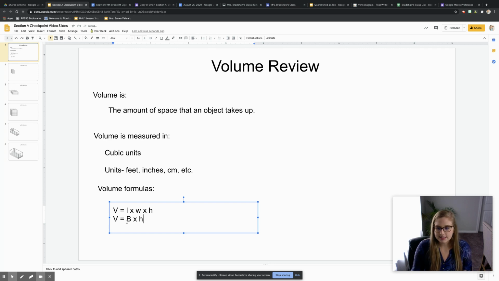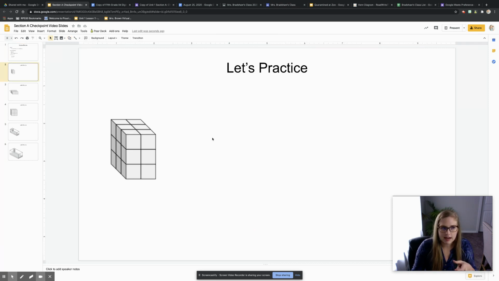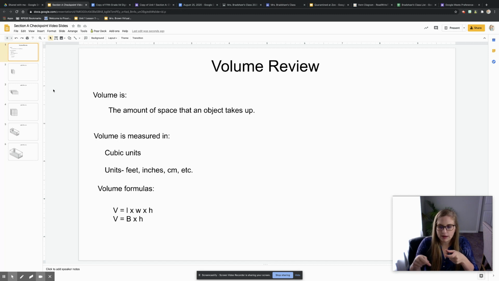And the base is, if I had an empty box, I would be taking those cubes and placing them on the bottom to see how many cubes would fit at the base of that box. That's what that means. And then I would multiply it by how many layers of cubes I can go high. That would be the height.